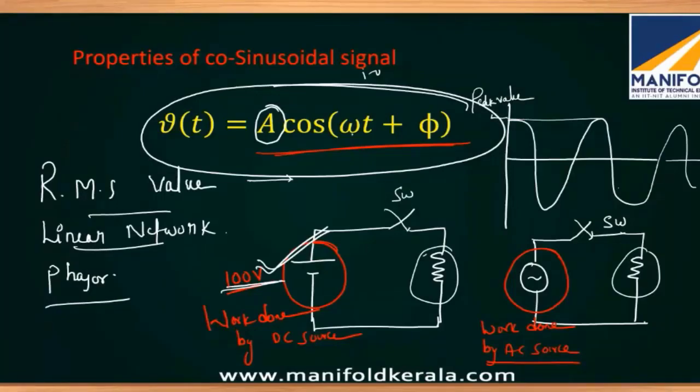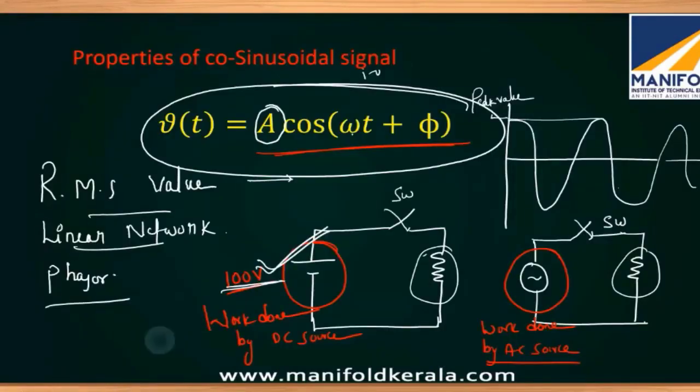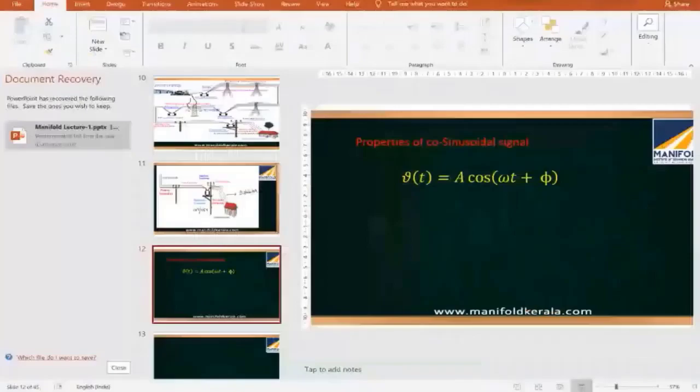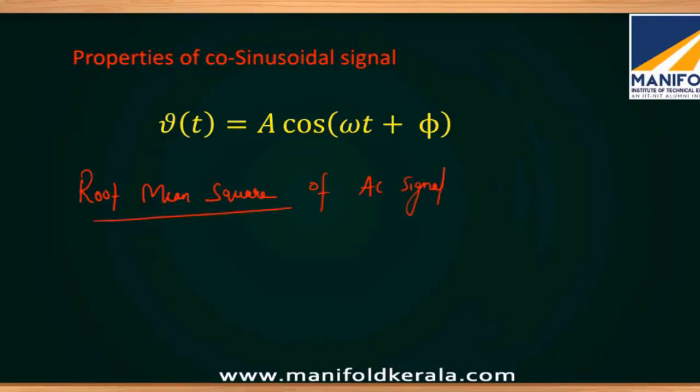Mathematically, we can compute it by calculating the root mean square of the AC signal. That's why it is called the RMS value.